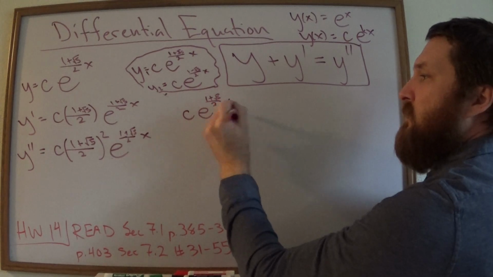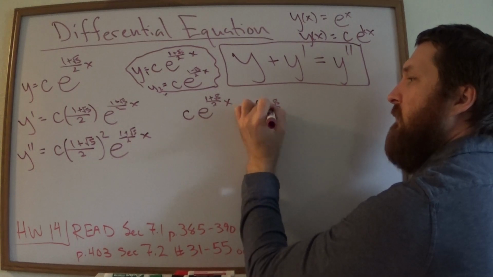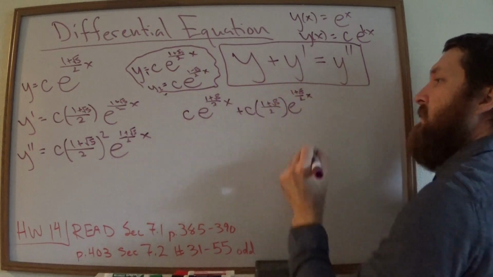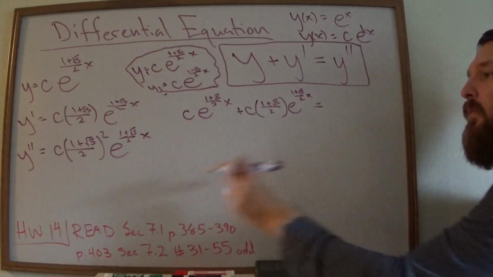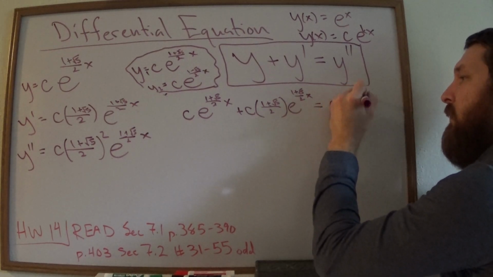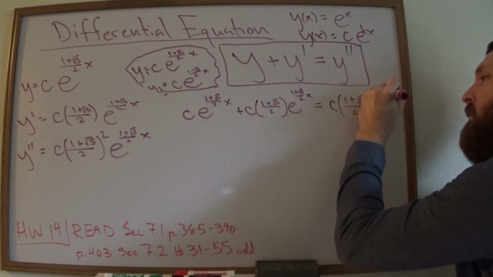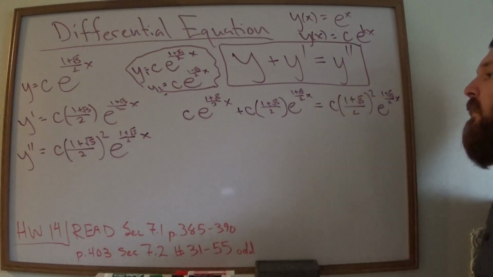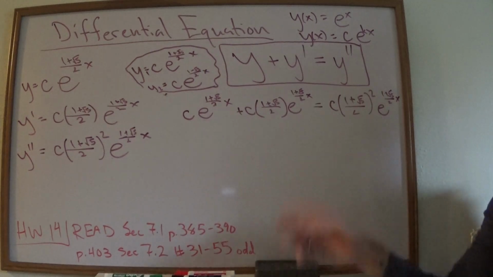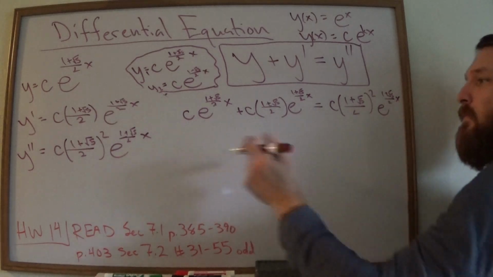Then add that to its first derivative, c times 1 plus root 5 over 2 times e to the 1 plus root 5 over 2 x, equals y double prime, which was this, so some constant times 1 plus root 5 over 2 squared times that thing, which is e to the 1 plus root 5 over 2 x. And I could see, okay, c shows up everywhere, so c didn't matter. It could have been any number in the world. If it were 0, it's obviously true, so let's assume it's not 0. I'm going to divide everybody through by c.